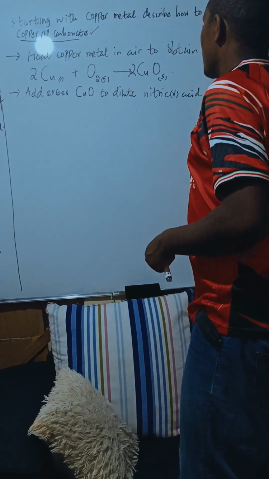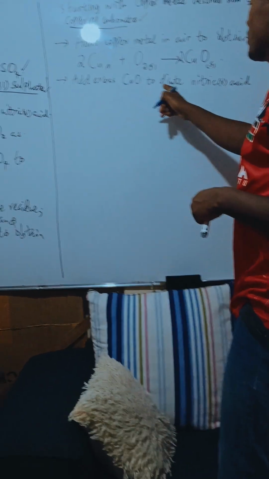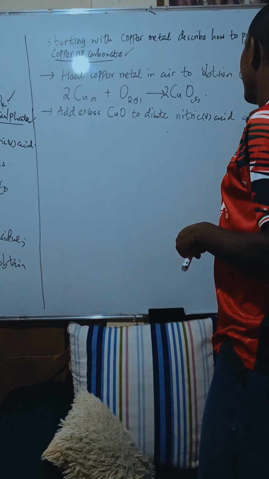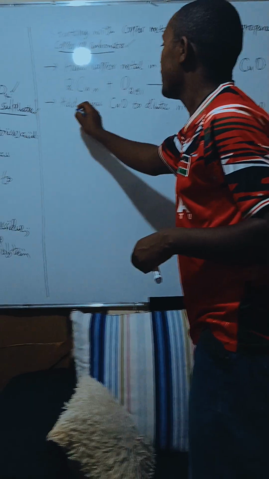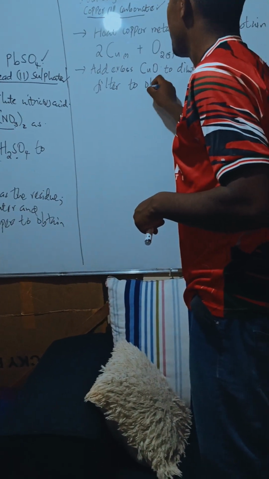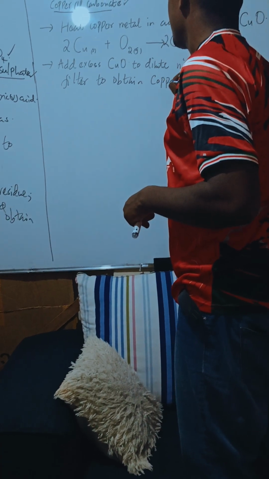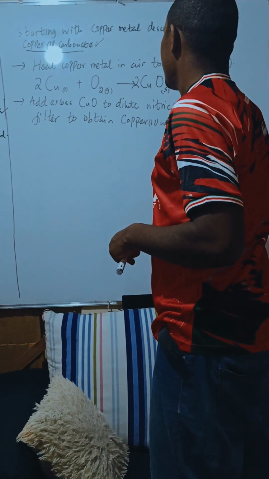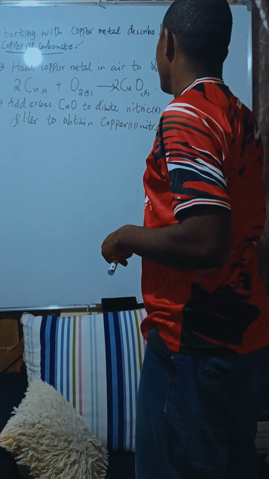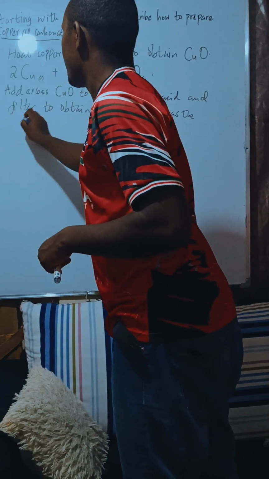you must filter to remove unreacted copper 2 oxide. So add excess copper 2 oxide to dilute nitric acid and filter to obtain copper 2 nitrate as the filtrate.